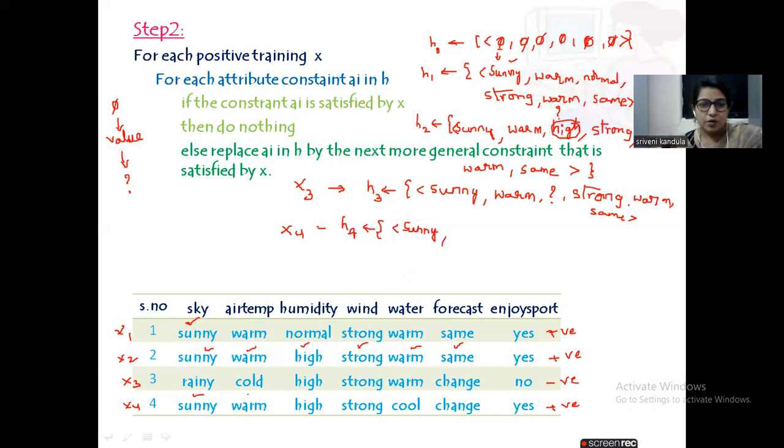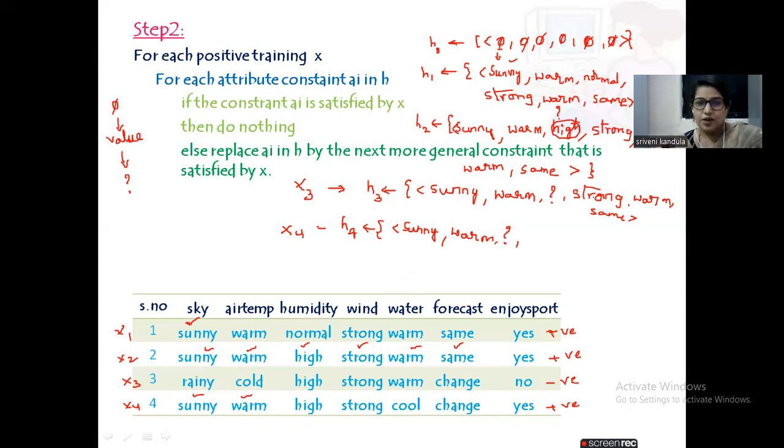And in the example also I have warm. So we will take it as it is. Next is a question mark. So whatever might be the value that I have in the example, here I have high, accepted. If I have normal, that is also accepted by question mark because it is more general. So I leave it as it is with a question mark.